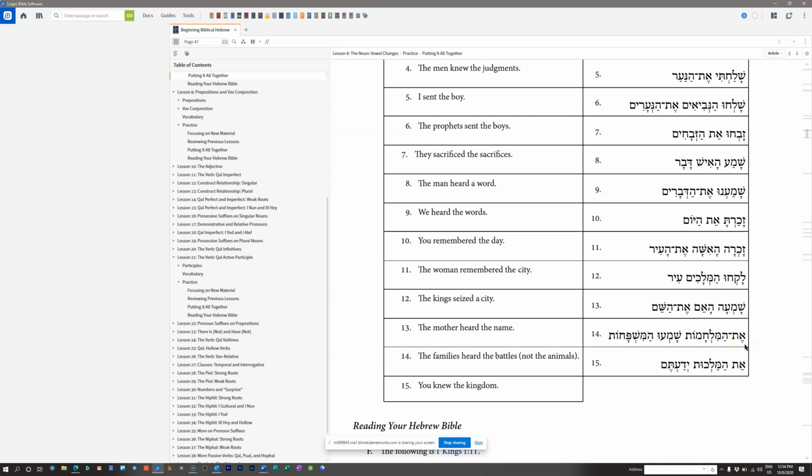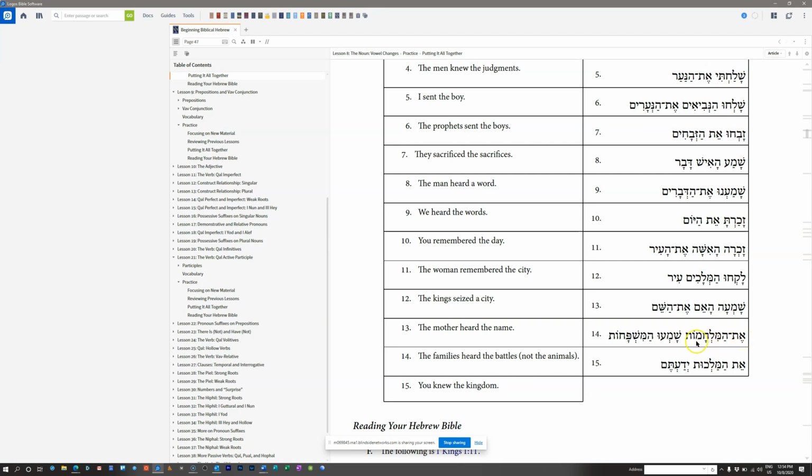Number 14, we have a mix-up in our word order here. Fronted, so emphasized, is the definite direct object. Et hamilchamot, sham'u hamishpachot.